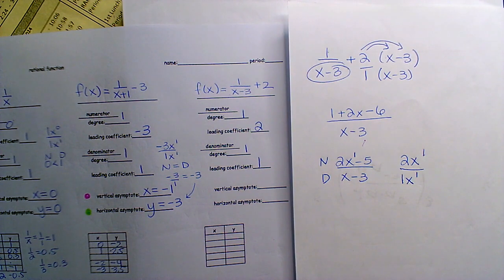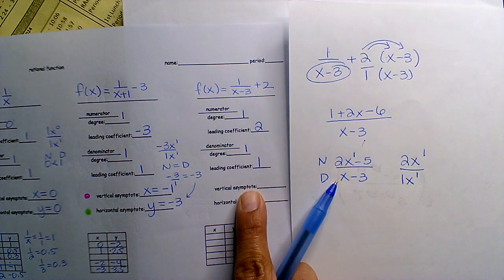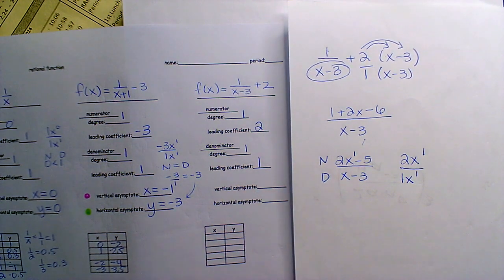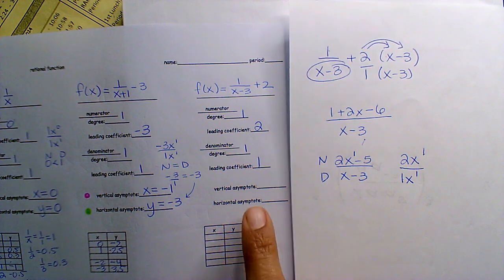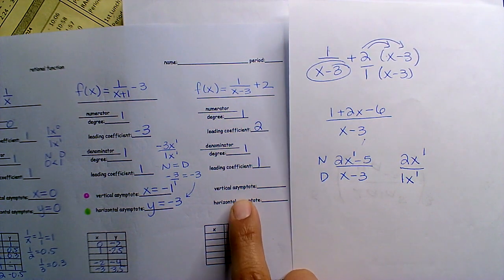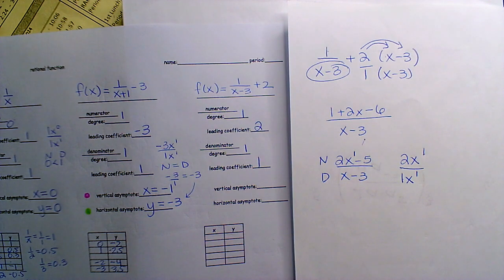Okay, so we're going to do horizontal asymptote first, and then we'll get to vertical asymptote. Okay, so horizontal asymptote. Look, if you're going to struggle with this, it's going to be horizontal. Vertical, you guys are better at. Okay, let me get to my pictures, hold on.